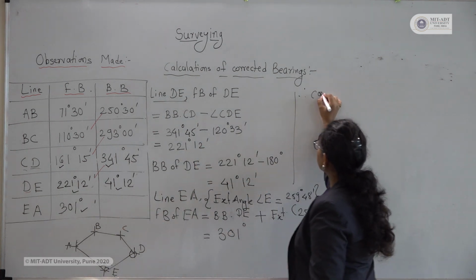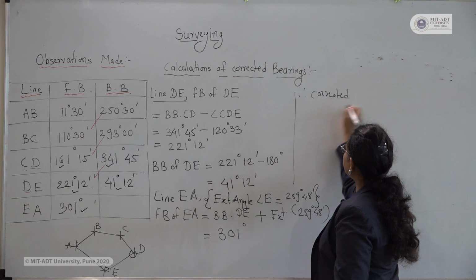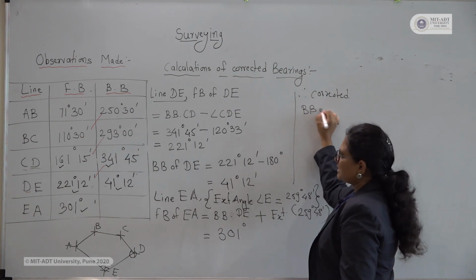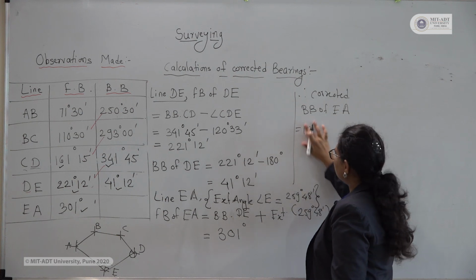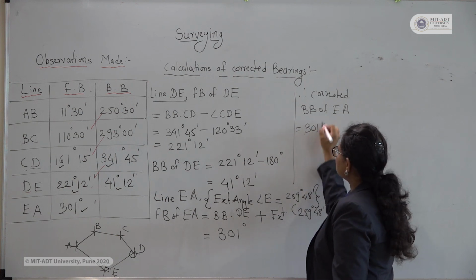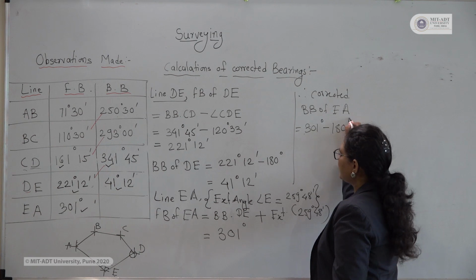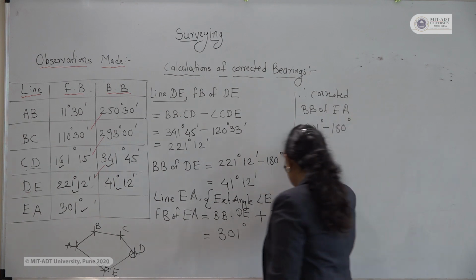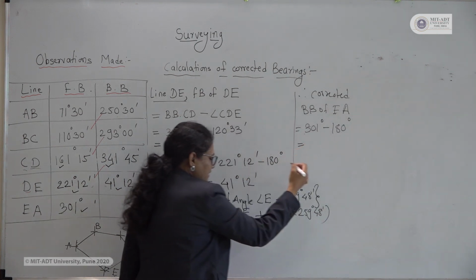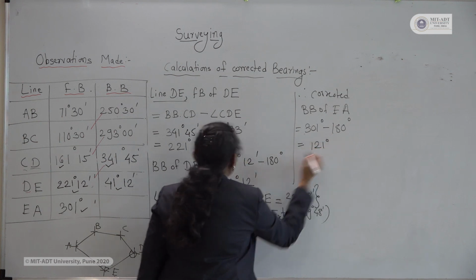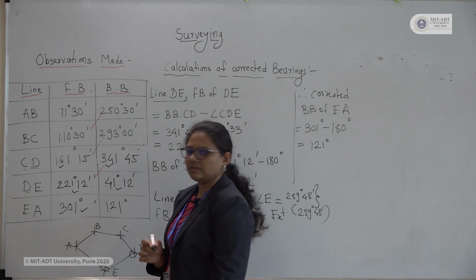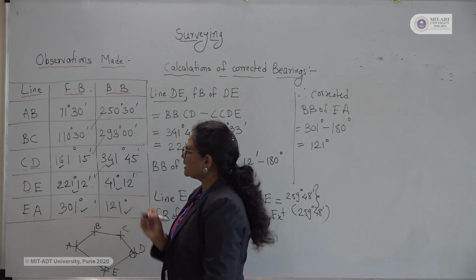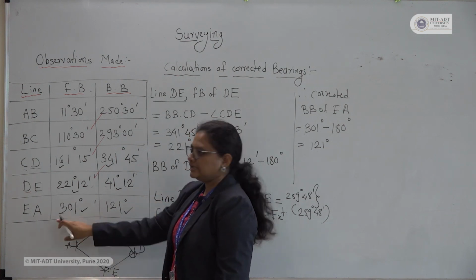Therefore, the corrected back bearing of this line EA will be equal to 301 degree minus 180 degree, and you will get the answer as 121 degree. So, this will be your corrected back bearing of line EA.